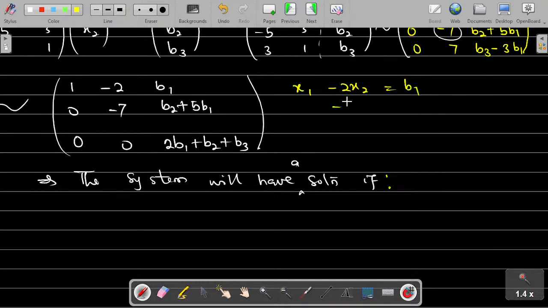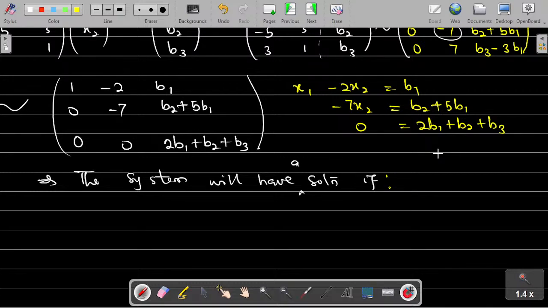Then this one will become minus 7x2 is equal to b2 plus 5b1, and then the last one will be 0 is equal to 2b1 plus b2 plus b3. Okay, so this system will only be consistent, that is, will only have a solution, if this last equation is true.